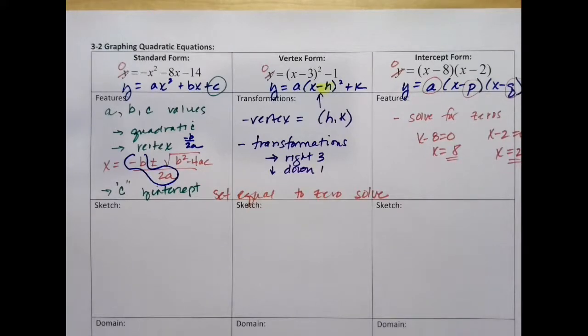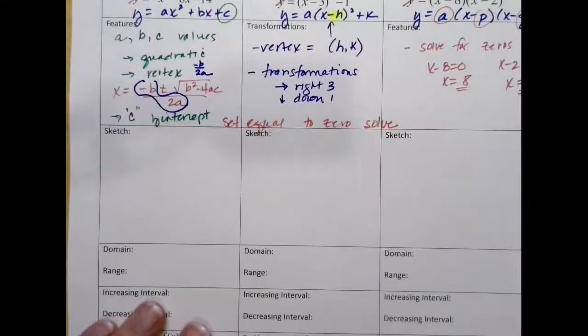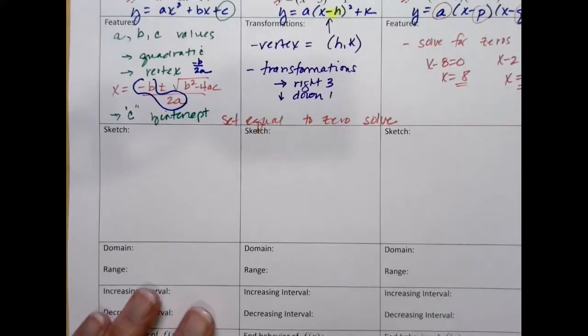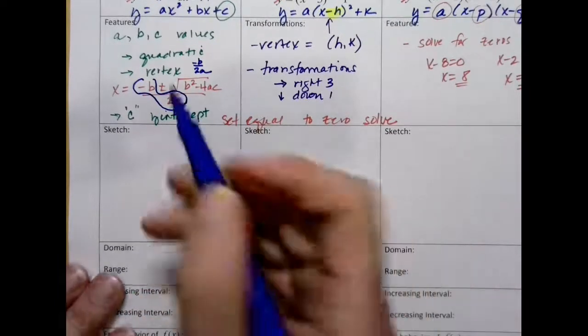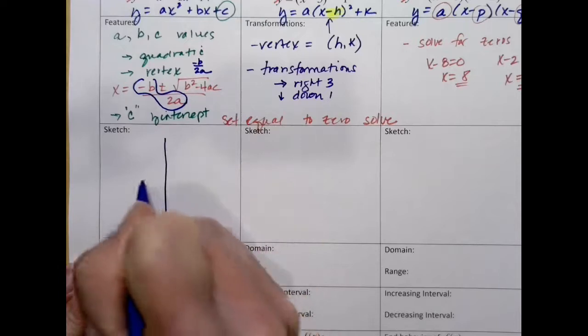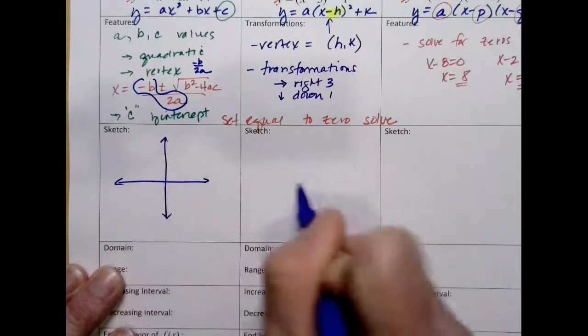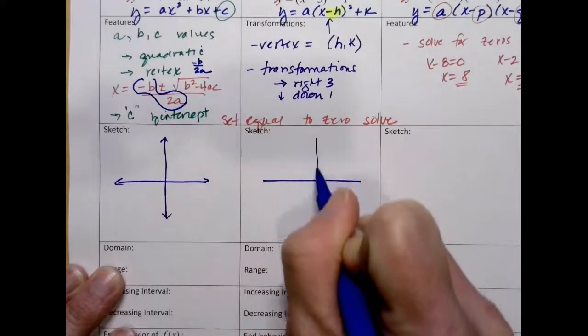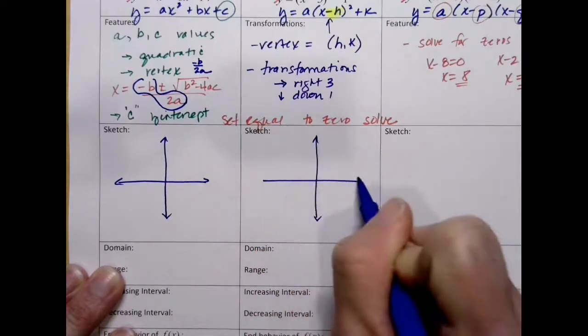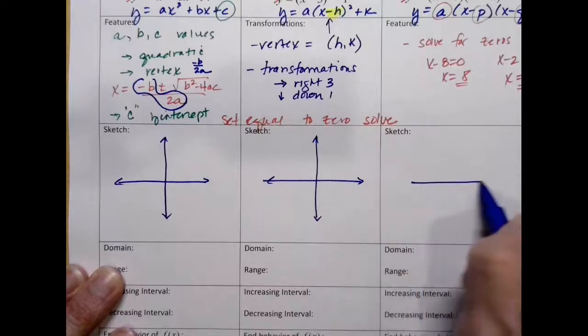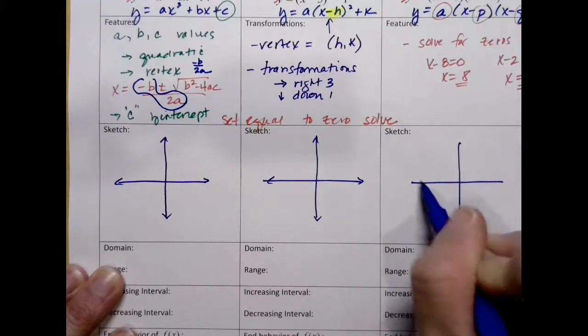All right. We're not going to get too fancy into the sketches here because you can enter them into Desmos and very quickly see your minimums and maximums and which way these graphs go and where they cross the axis.